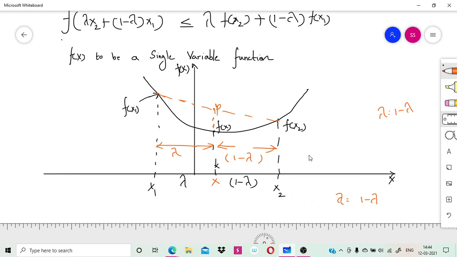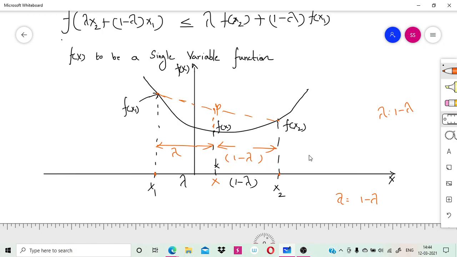You can prove that; I'm not going into the proof. So the ratio of division is the same.